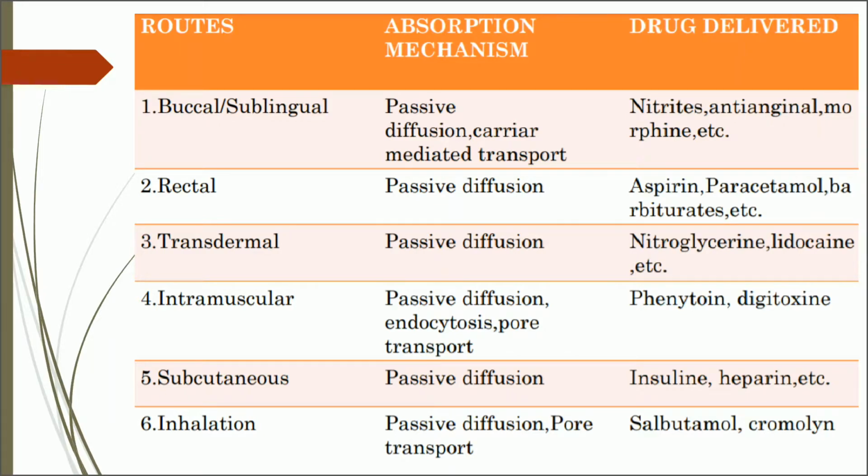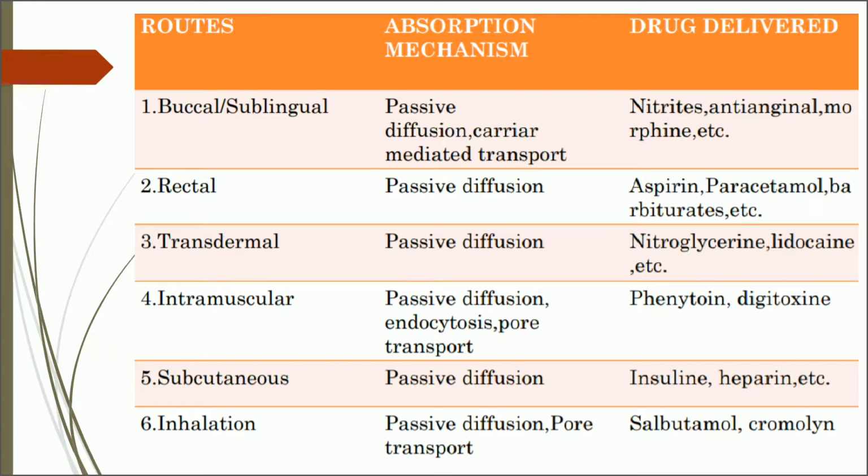Next is transdermal route, and the absorption mechanism is passive diffusion. So nitroglycerin and lidocaine are examples of drugs delivered via this particular route. Then we have the intramuscular route of drug administration, and the absorption mechanism is passive diffusion, endocytosis and pore transport.